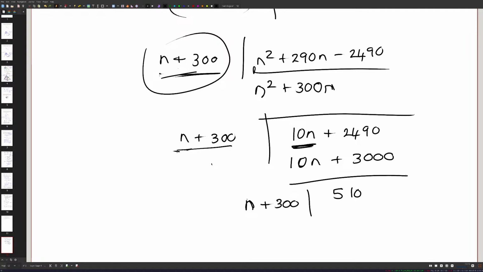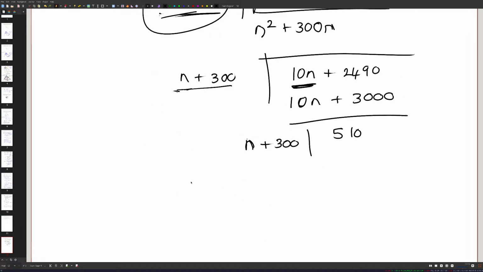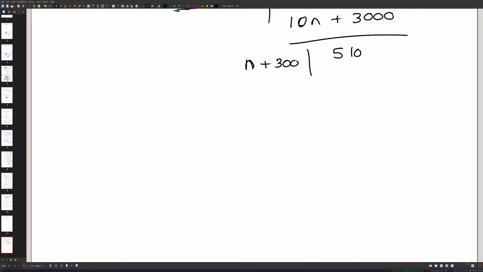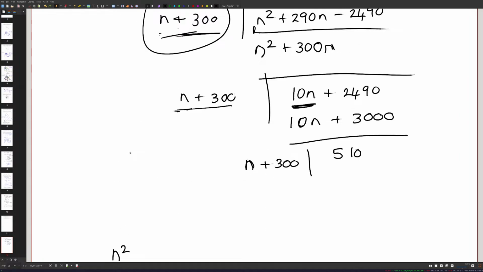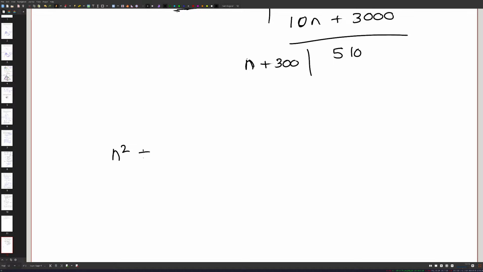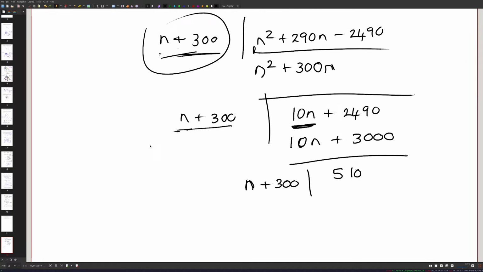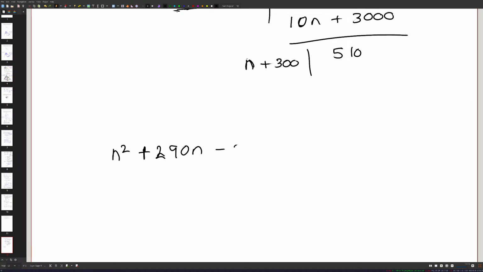Or if you remember what we were talking about on Thursday with the polynomial long division, you've got that n squared plus 290n minus 2490 is going to be n plus 300 times n minus 10.